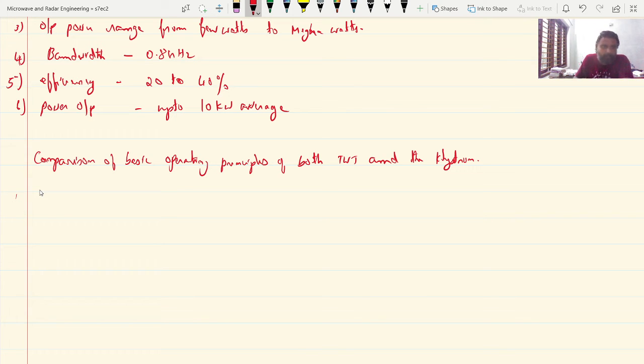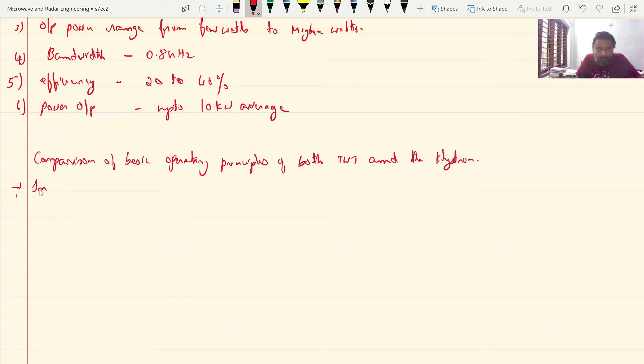As I told you, in the traveling wave tube, the microwave circuit is non-resonant and the wave propagates with the same speed as the electron in the beam. Okay, that I will write it.